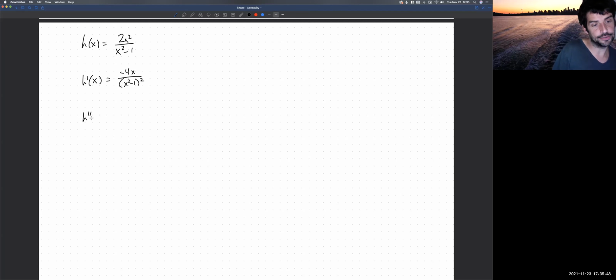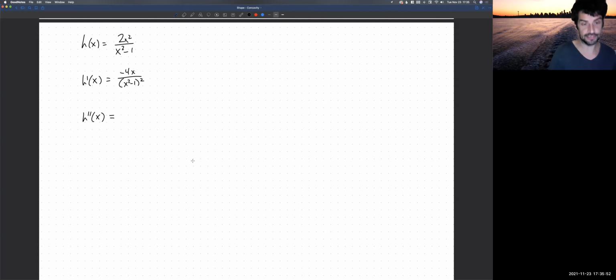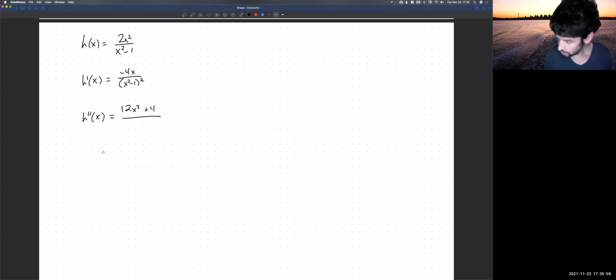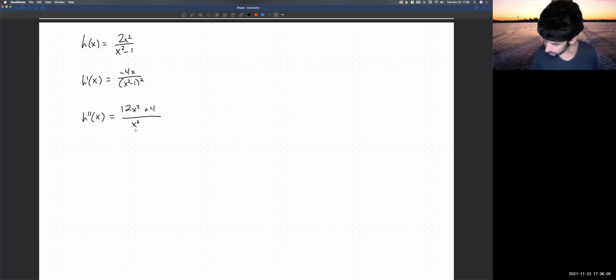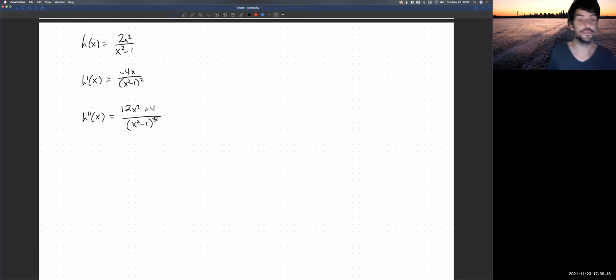And then the second derivative, I'll spare you the calculus work to get to this, was 12x squared plus 4 over x squared minus 1 cubed.